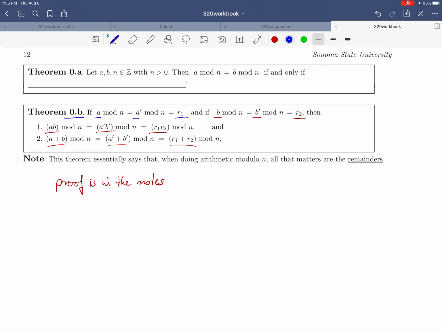There's one other very useful fact that we're going to be using a lot, and that is theorem 0.a. If we have integers a, b, and n with n greater than 0, then two numbers a and b are equal mod n if and only if n divides the difference, so n divides a minus b.